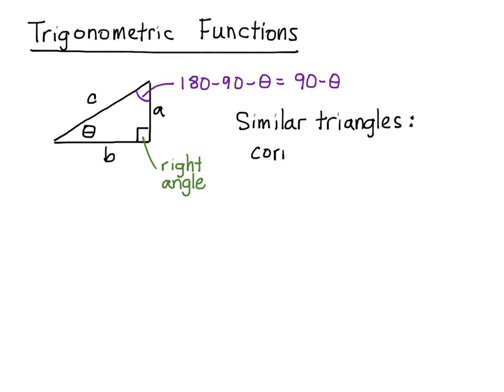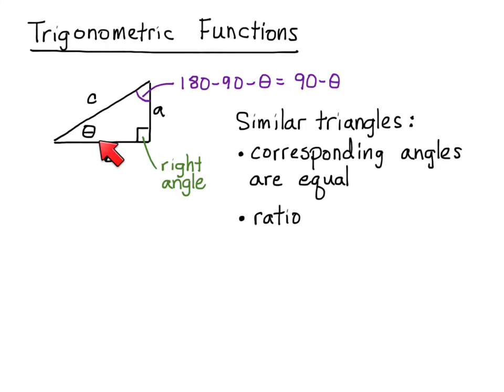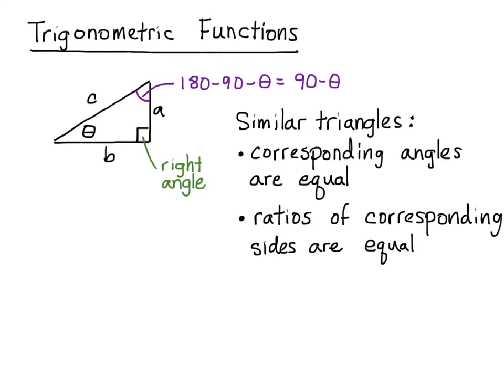So similar triangles, that means any right triangle that has theta as its angle down here, we're going to have corresponding angles that are equal, and the ratios of the sides are going to be equal.